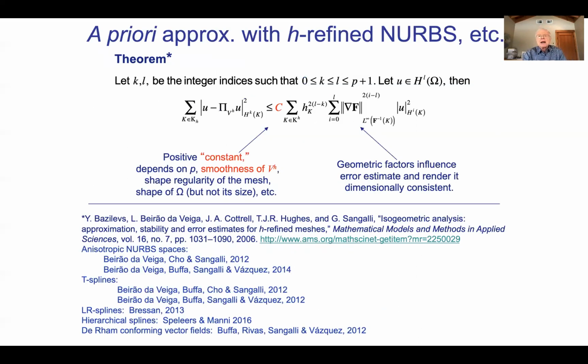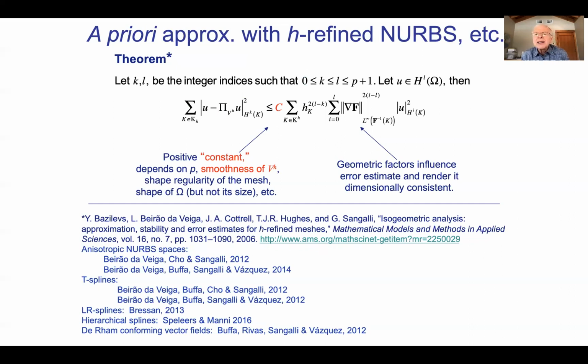So this is the fundamental error estimate approximation result, I should say, in Sobolev norms for h-refinement. And again, the order of convergence is exactly the same as you would get for traditional finite element analysis with the same order of functions.